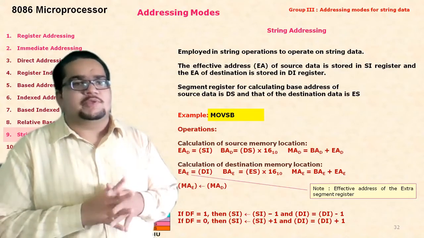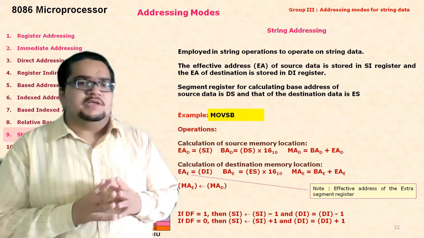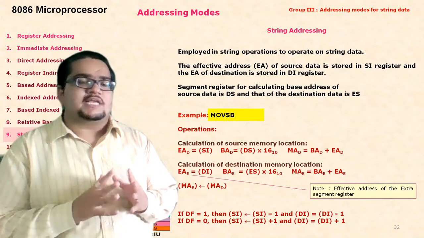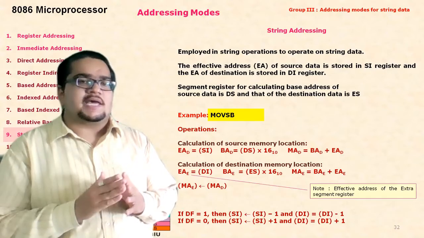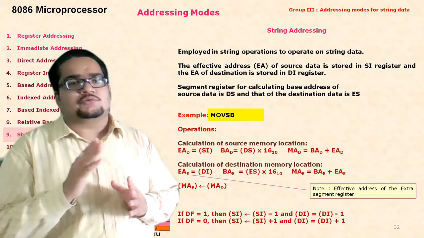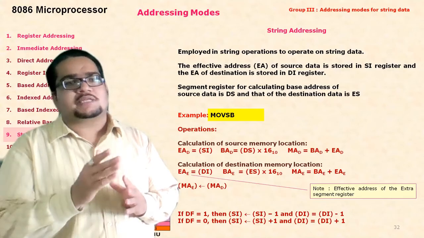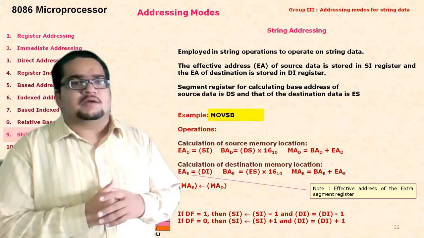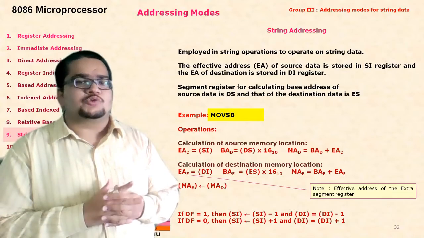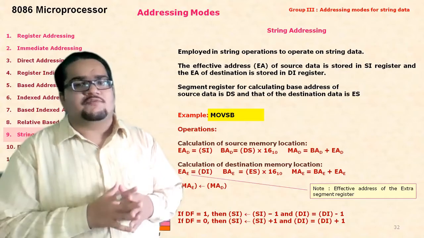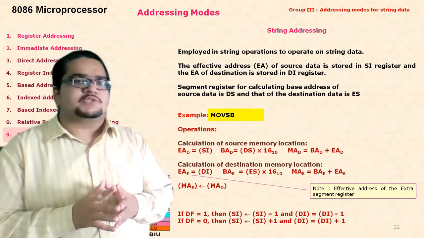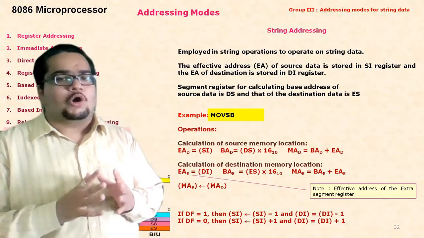It has to progress either from the first character to the last character, or the last character first and then down to the first character. We will see the exact use of the direction flag, but by default when the direction flag is 0, the operations of the string manipulation instructions will be auto incrementing.